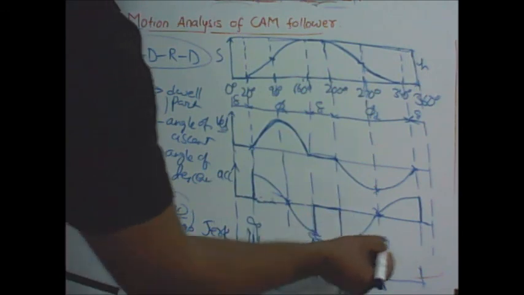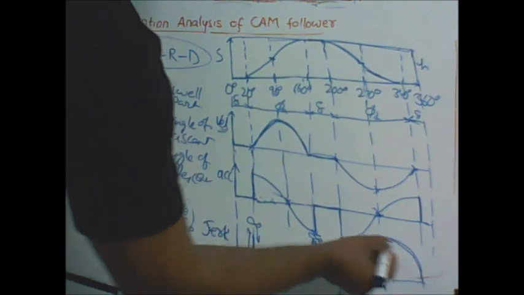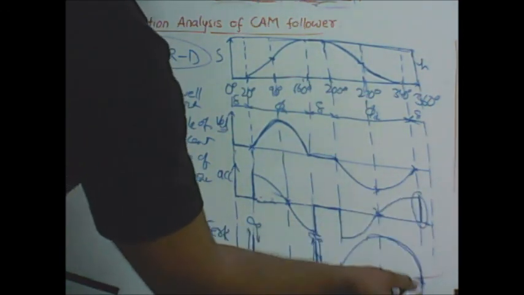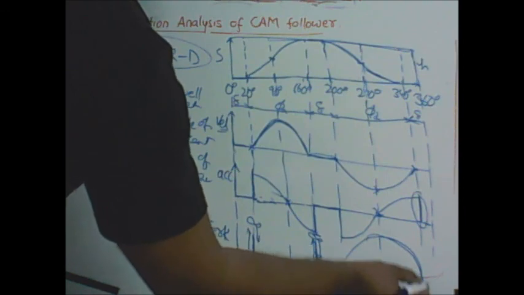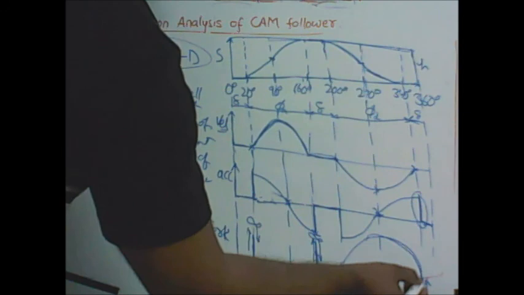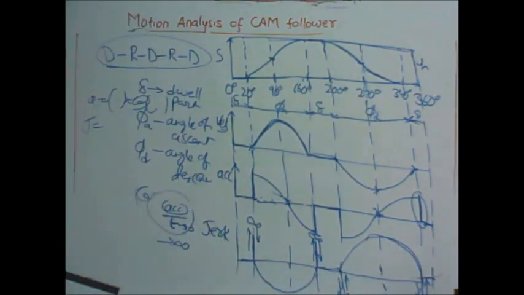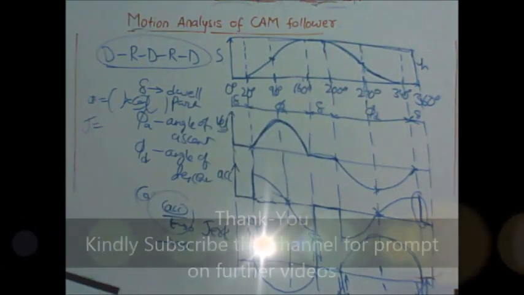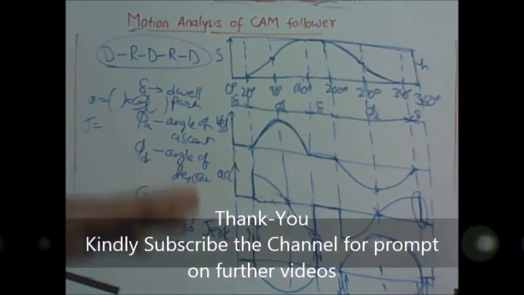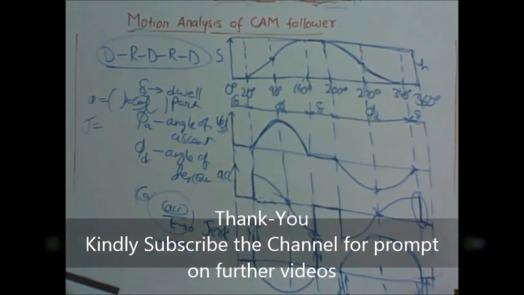So it will again be sinusoidal like this, and again here there is an abrupt change, so again it reaches infinity and comes back, and for this part there will be a 0 jump. So this way we get the total motion analysis for simple harmonic motion of the follower.